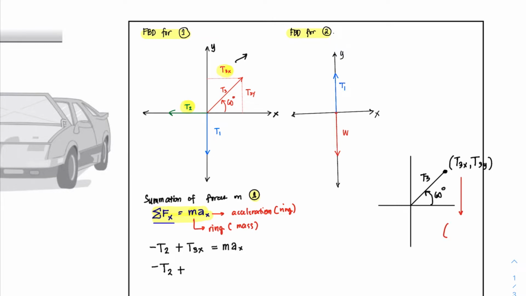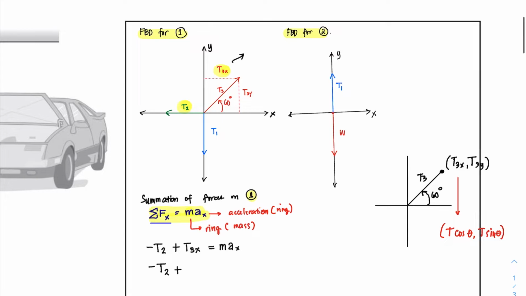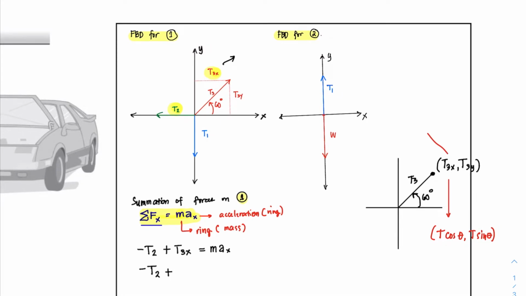So we recall from our discussion that the first component of the T3 will just be some T cosine of theta. The second component being T sine of theta.